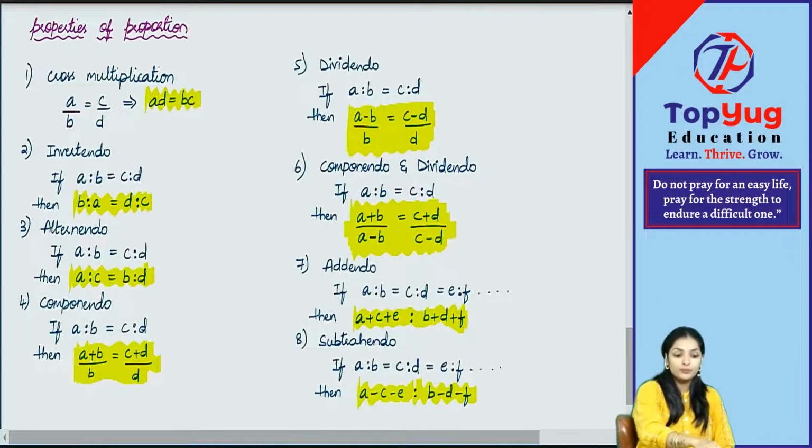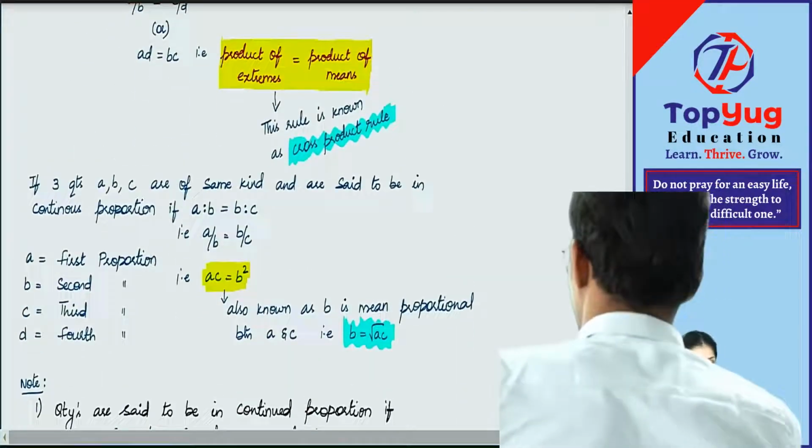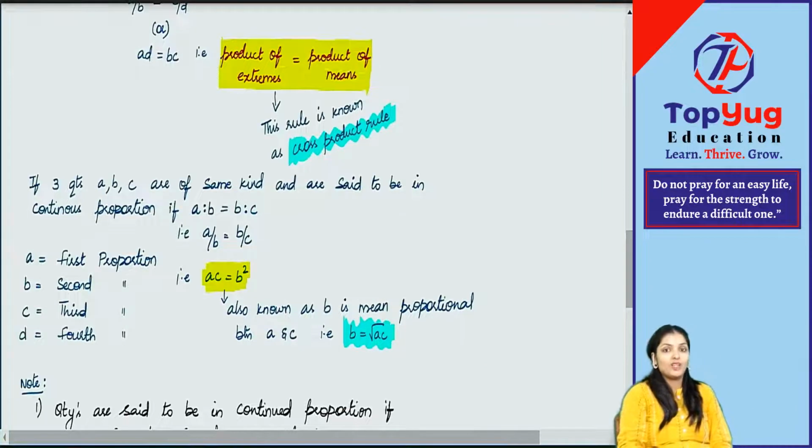Yes, Srihari. Don't stand up. So tell me about this, alternando. Alternando, you're telling me the cross product rule.